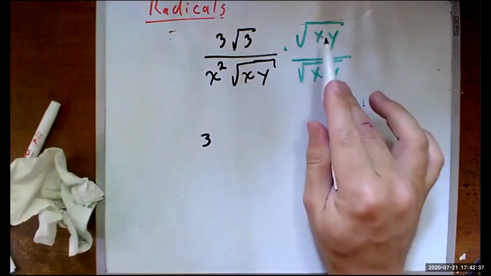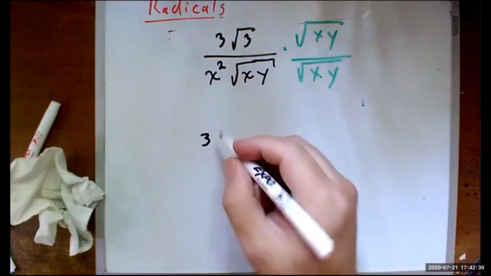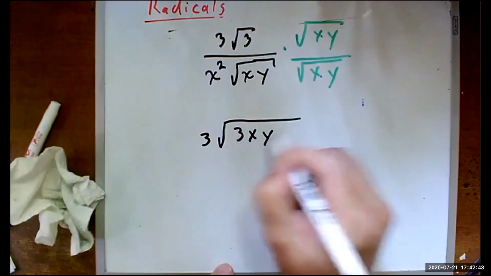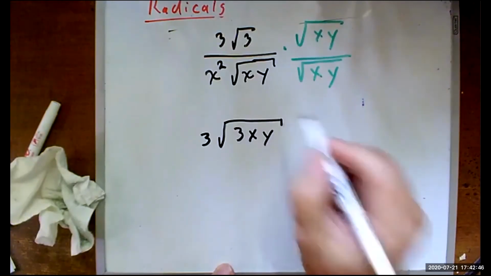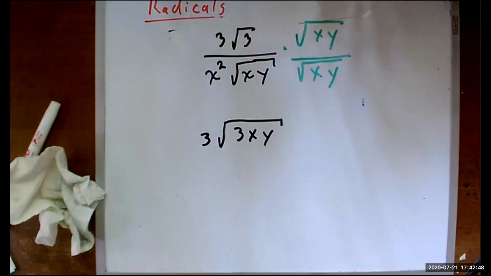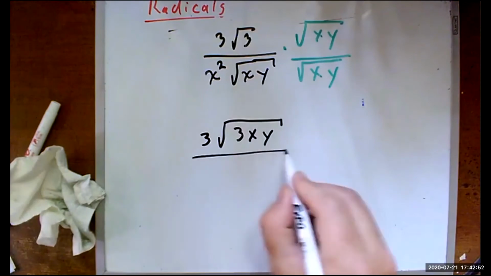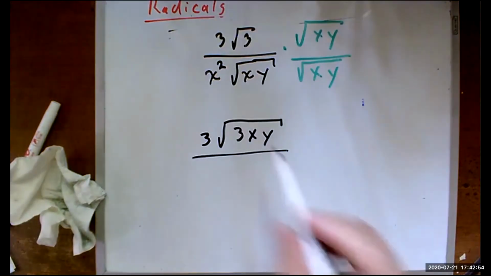When we do this, we're of course multiplying straight across. So the 3 just comes along for the ride. That's no big deal. Root 3 times root xy all comes together, and I end up with 3xy. That's no problem.